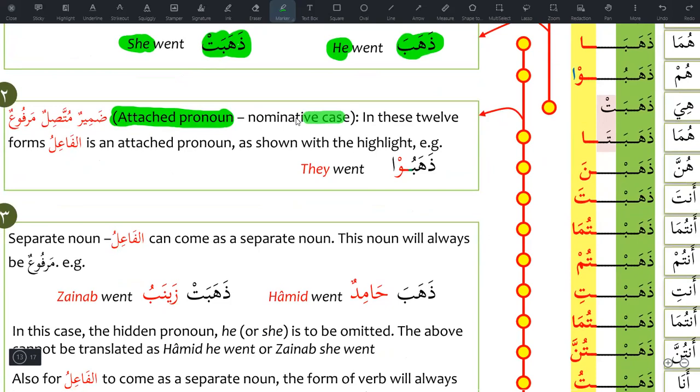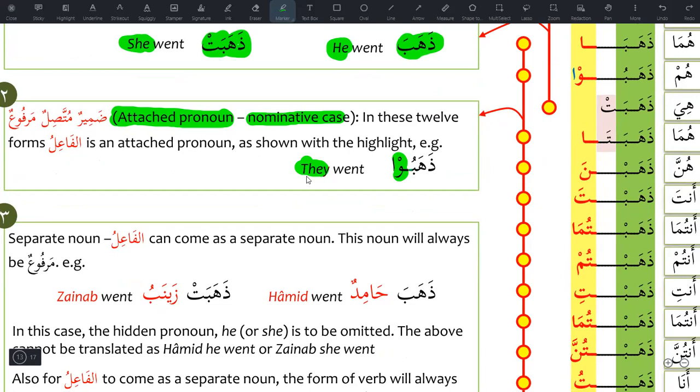Nominative case, attached pronoun as a nominative case. In these 12 forms, al-fa'il is an attached pronoun, as shown with the highlight, zahabu. This waw means "they," not alif.